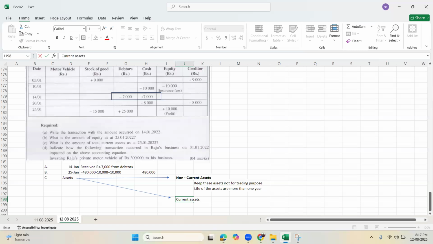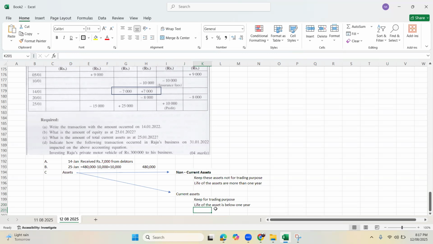These assets are kept for trading purposes, and the life of the asset is below 1 year. So we'll take some examples here.